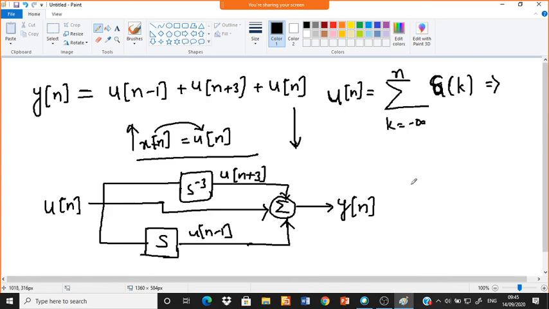If you plot this, since u of n exists only from 0, all other values are 0.